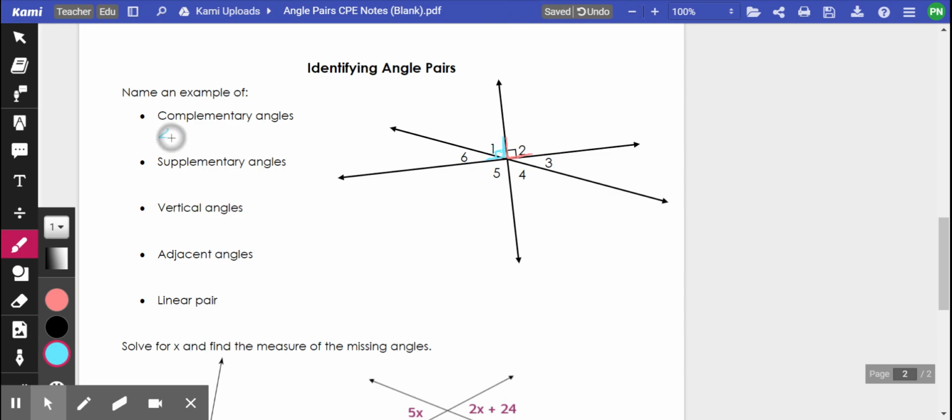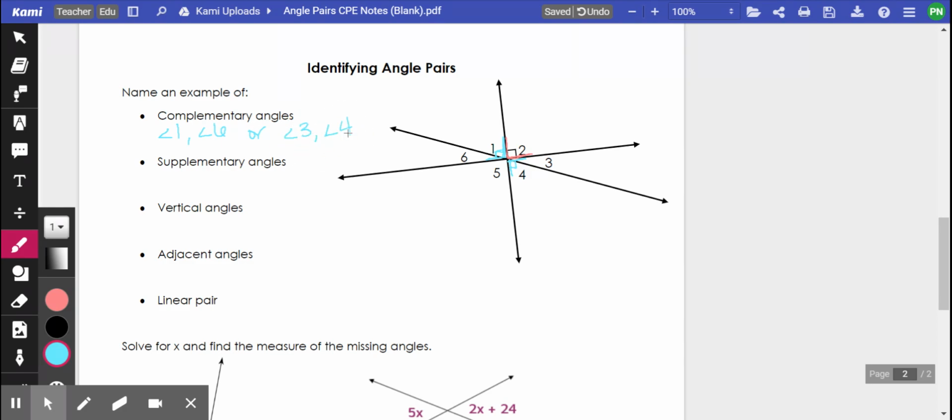So we can say angles 1 and 6, or we can also look at angles 3 and 4.